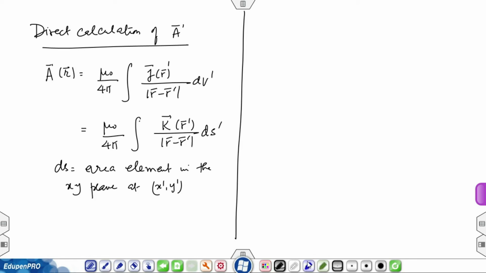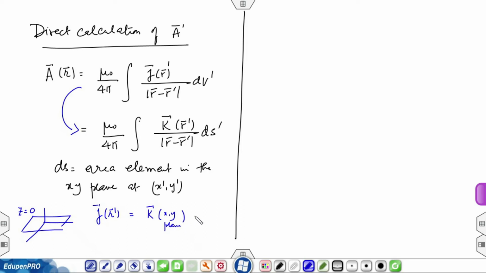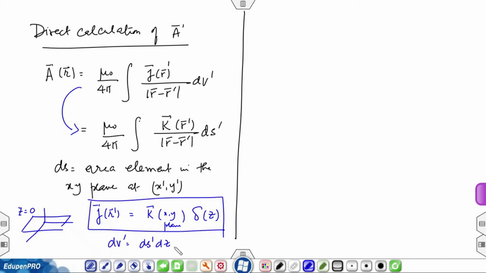If you want to see this transition from the first formula to the second, I can write for this planar sheet, which is in the z equals, let us say, 0 plane, j r prime as equal to k in the x y plane times delta z, with d v being ds prime d z prime.